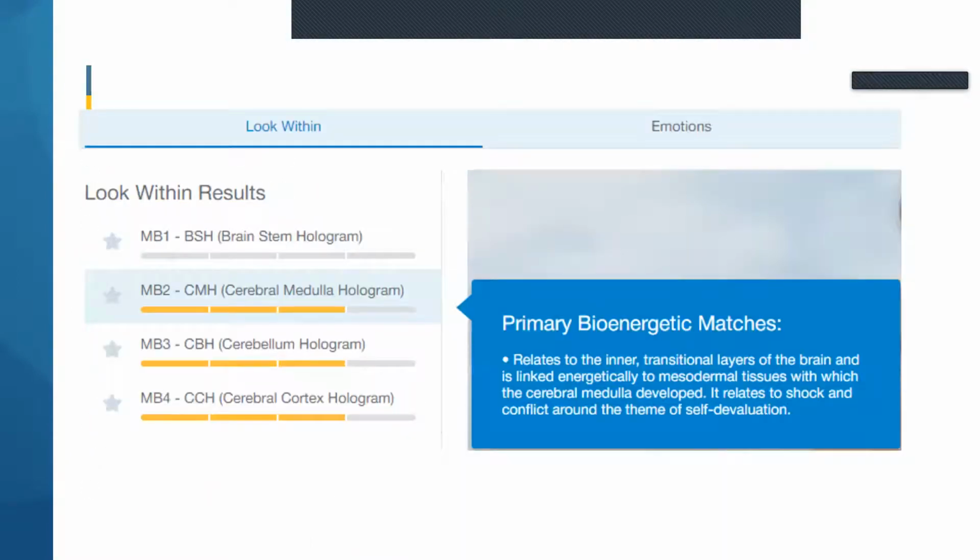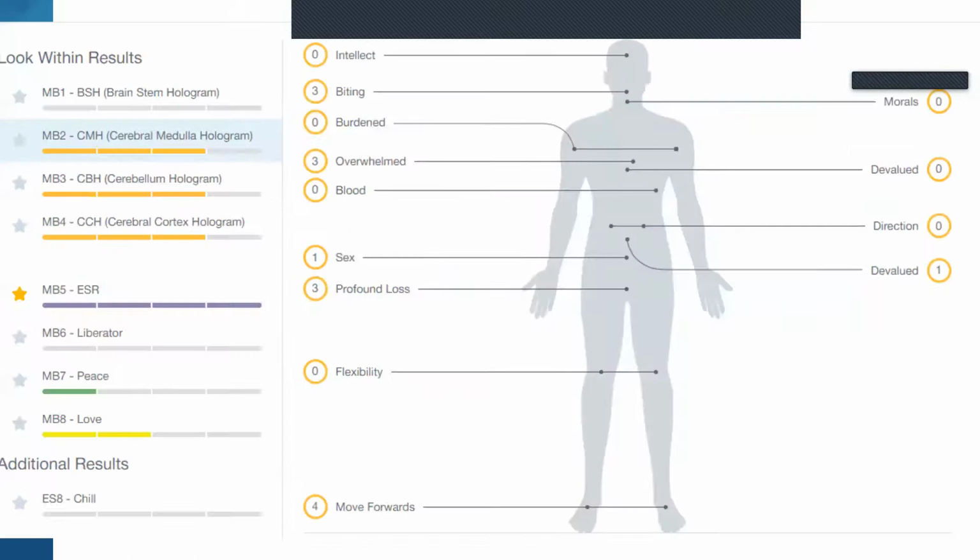So let's look first at the cerebral medulla hologram. Okay, it relates to shock and conflict around the theme of self-devaluation. Okay. If we go further in, we've got biting coming up around the teeth. We've got being overwhelmed.